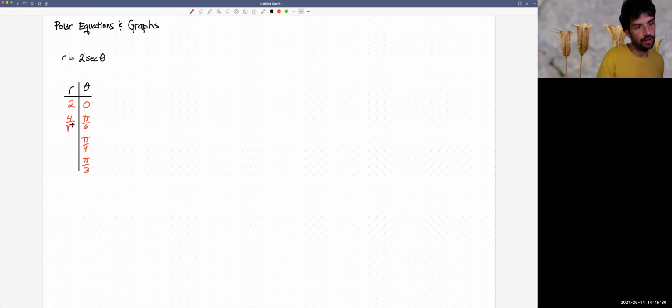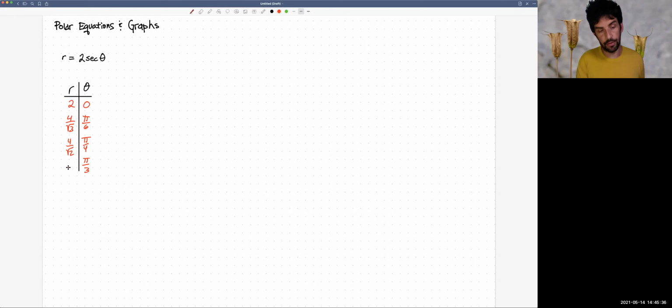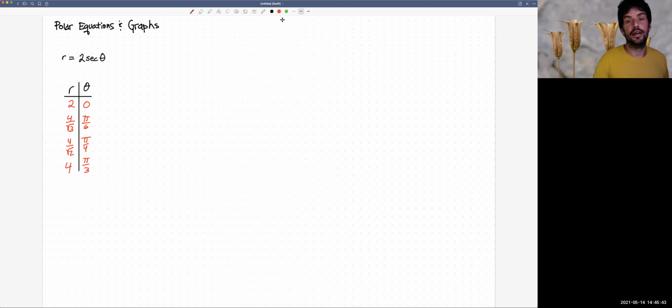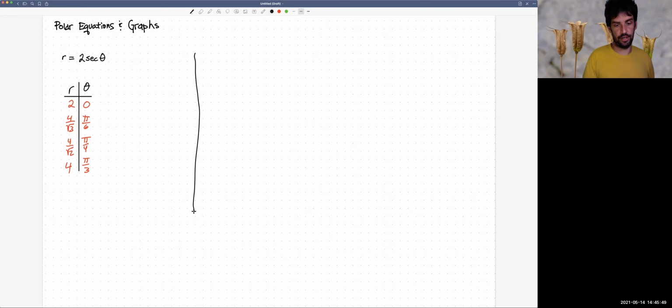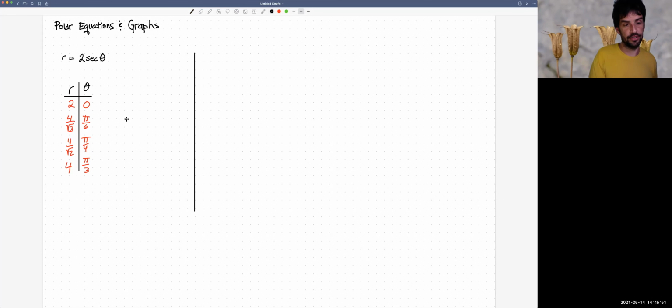So I get 4 over root 3. Here we'll get 4 over root 2. And here we'll get 4, right? So I'm just plugging those in using the values from the unit circle to evaluate them, and then of course multiplying by 2.